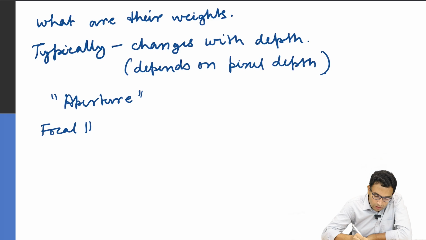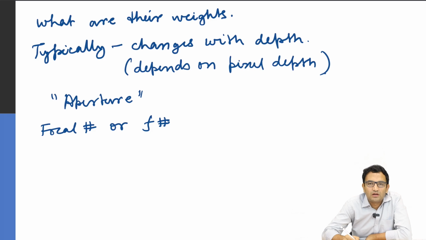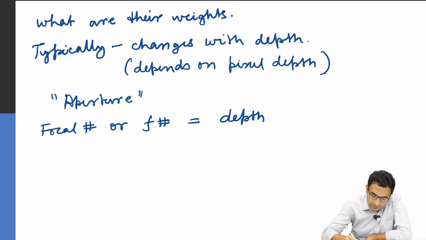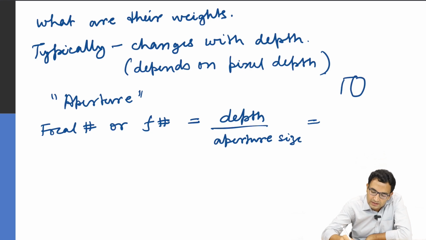Okay. So let me define something called focal number, or F number. This is also used in camera imaging. So focal number is given by depth divided by aperture size essentially. Now consider a single element disc transducer with a diameter d.